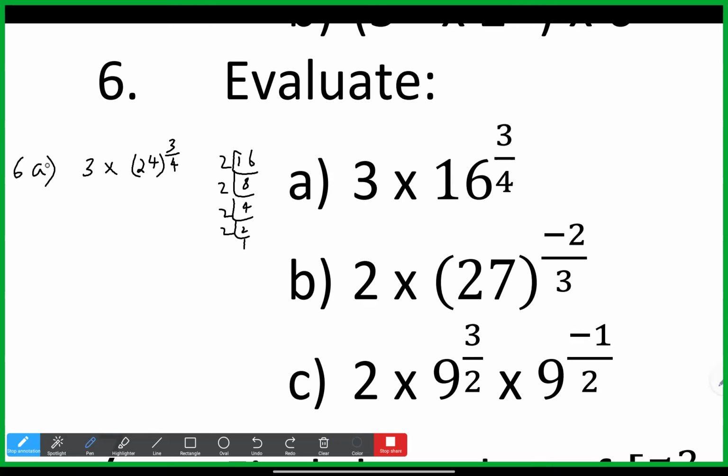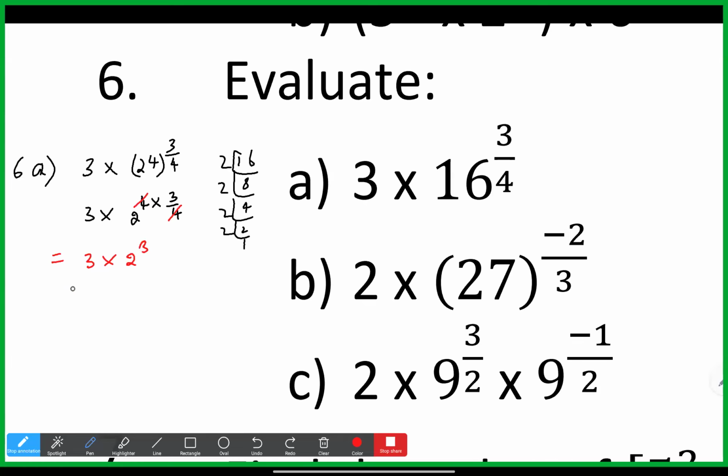Then which law for this? A power m whole power n is equal to a power m n. So I have to multiply 4 into 3 by 4. Cut it. What is left here? 2 power 3.